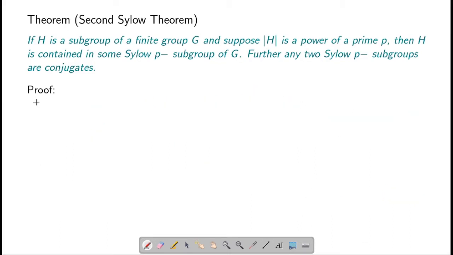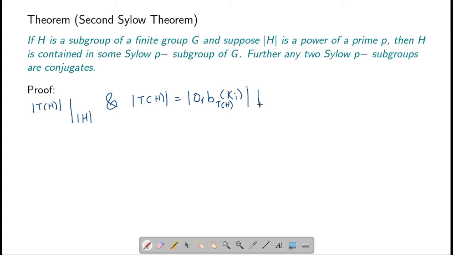So let us see what we know. We know that the number of elements in T(H) divides the number of elements in H. We also know by the orbit-stabilizer theorem that the number of elements in T(H) is equal to the number of elements in the orbit of Ki times the number of elements in the stabilizer of Ki, for any i.